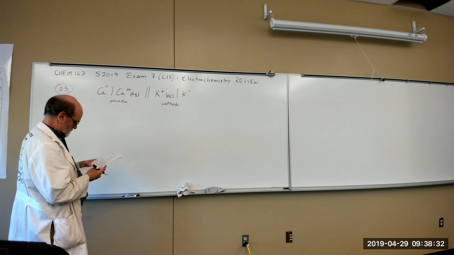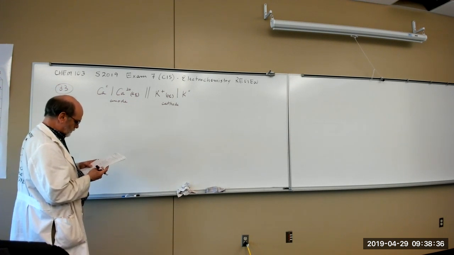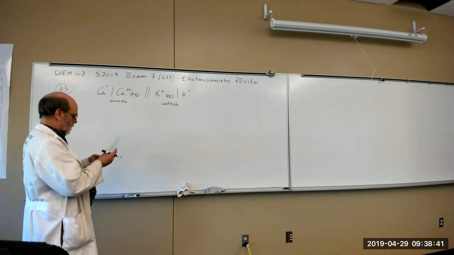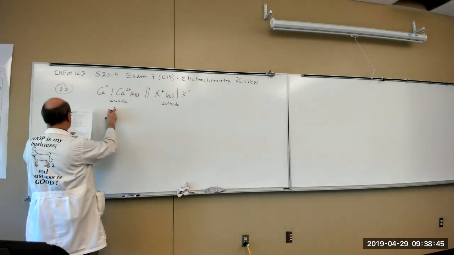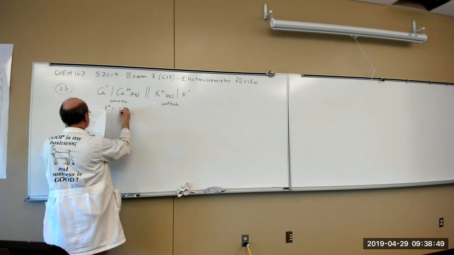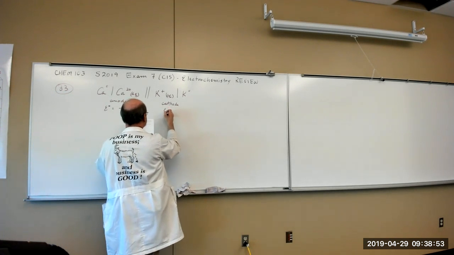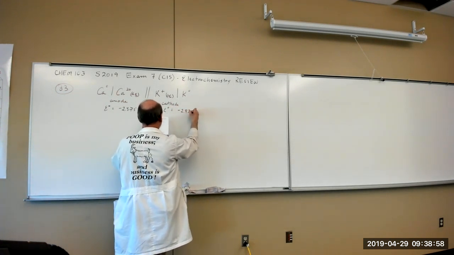Let's see. Which of the following statements is true? Oh, okay, so the half cell on this side, the standard potential is minus 2.87 volts. And the standard potential for this cell is minus 2.93 volts.